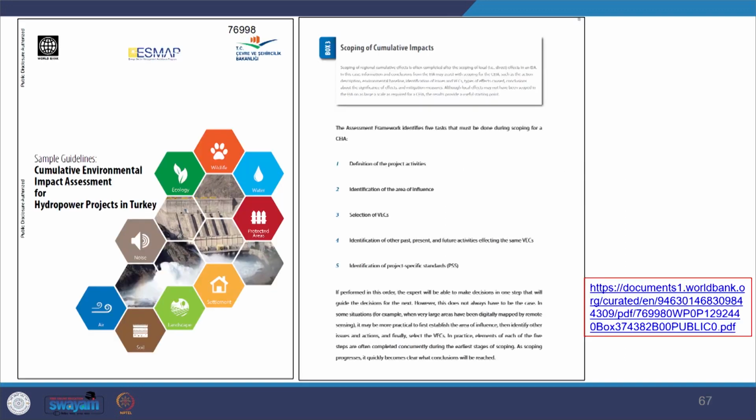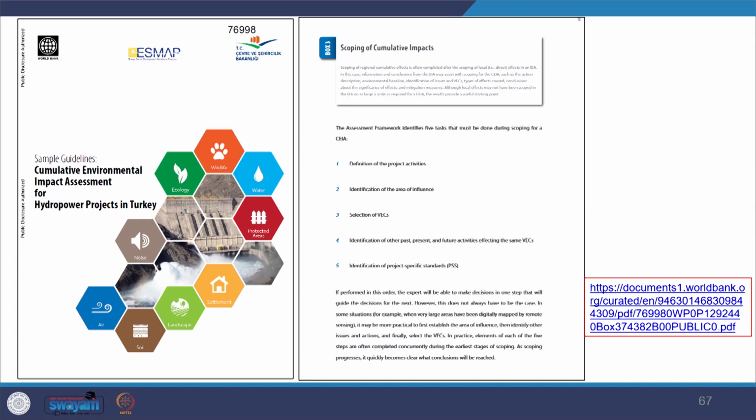And then again, you see from the sample guidelines what they talk about scoping of cumulative impact. You can see this says that in the scoping stage, you need to define the project activities. So you need to tell what's going to happen in your project activities. And then you need to do the identification of area of influence. So you need to find out how much area you're going to take, and which VECs you're going to cover.